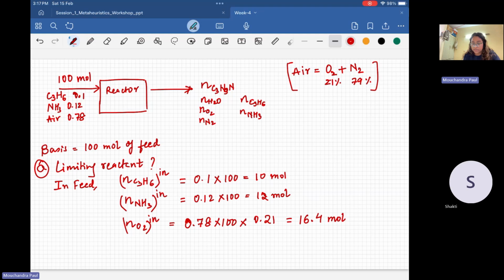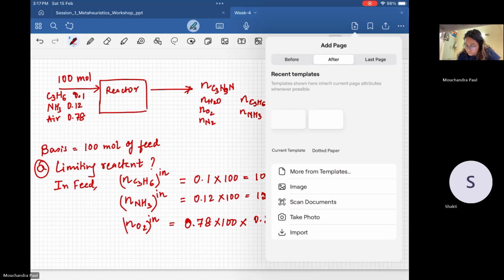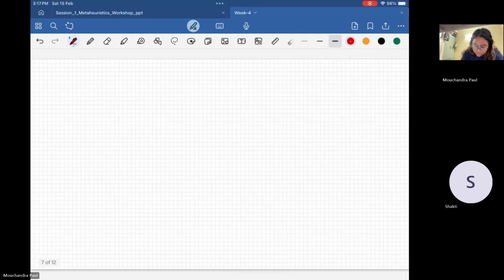Let's get the ratios. So the ratio of ammonia to propylene.